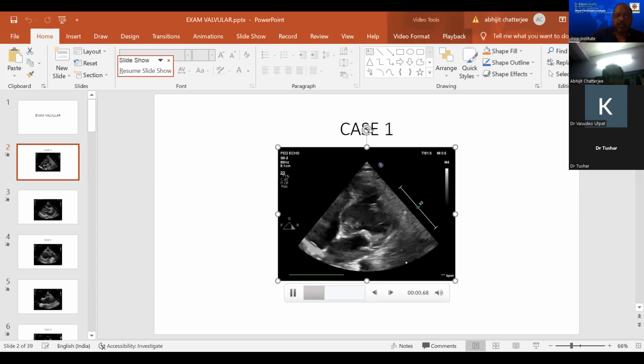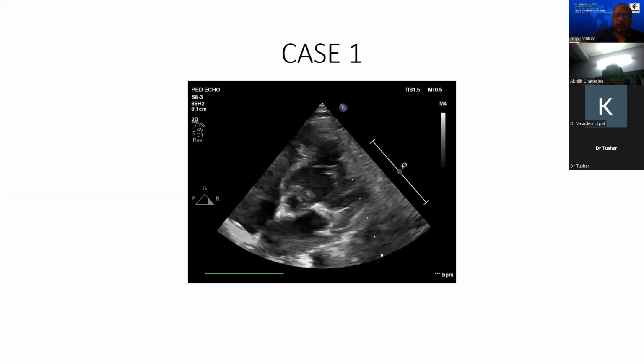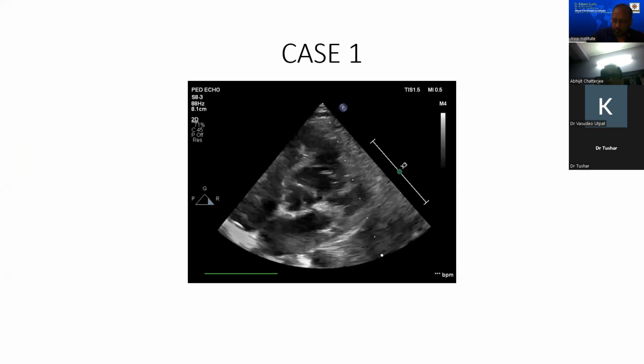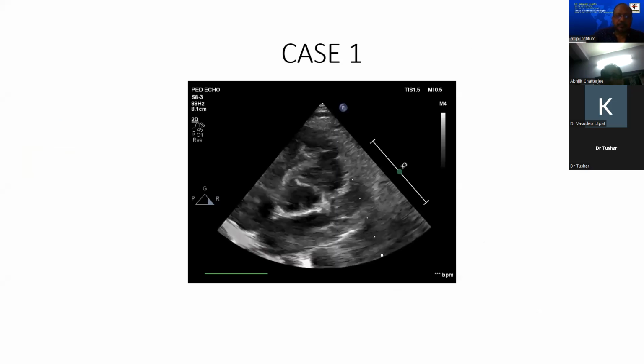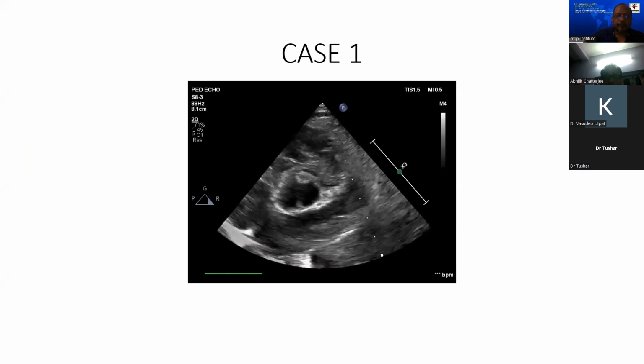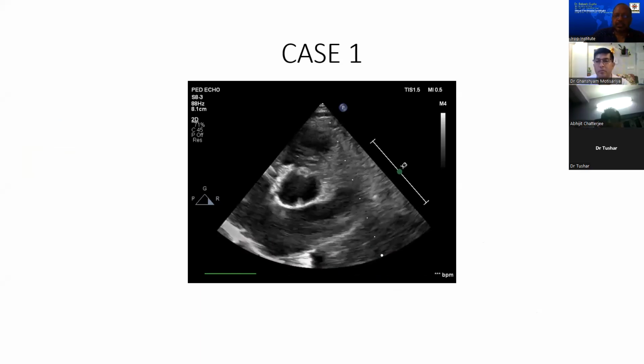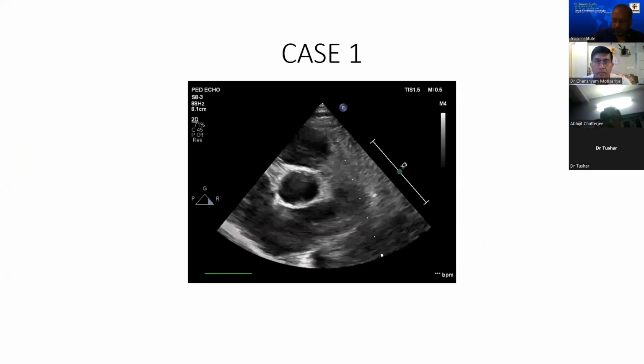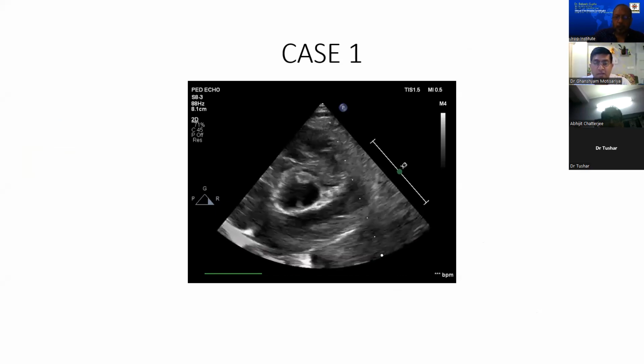Great. Is it okay now? Dr. Ghanshyam Motisaria, are you there? Yes, sir. Dr. Ghanshyam can ask the question. What view is this? This is the short axis view at the level of the aorta.